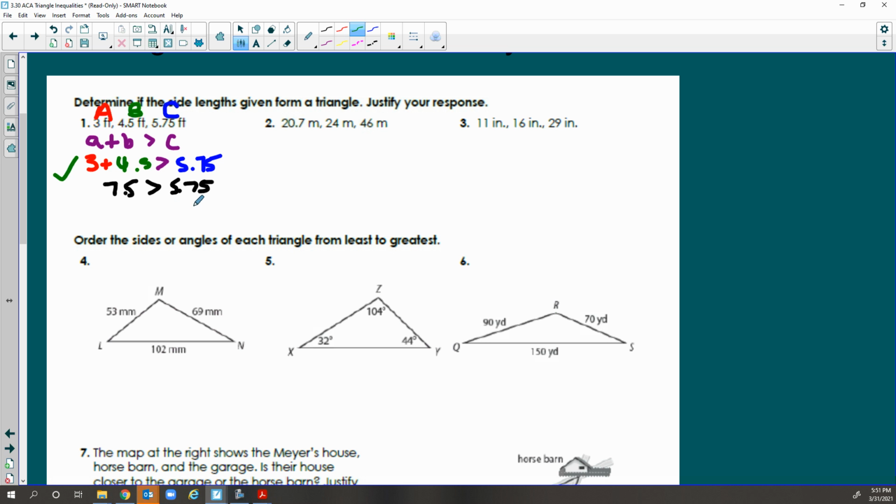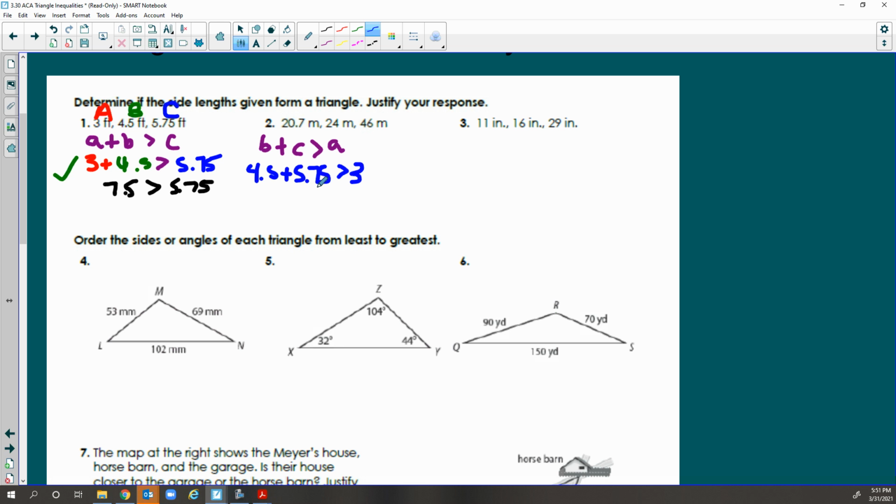I should check the other ones, and I'm going to model that for you too. I'm going to put them right here, and I'll erase it in a minute. Look what happens when I do B plus C is greater than A. B is 4.5, and C is 5.75. Letter C just by itself is already big enough to take care of the job.